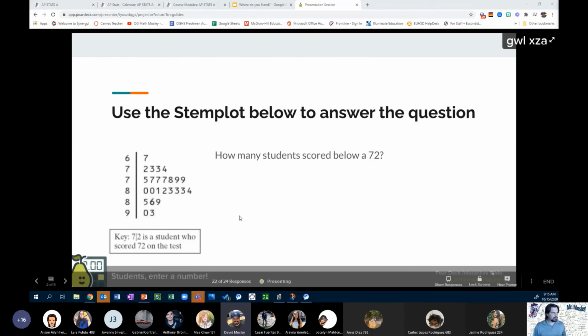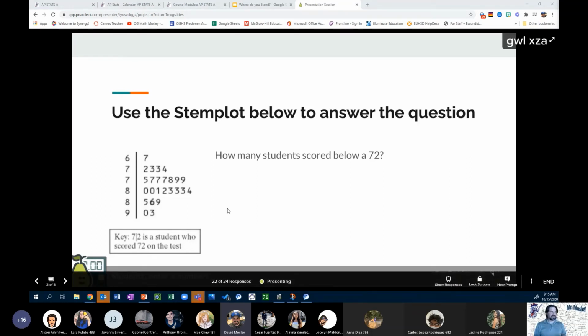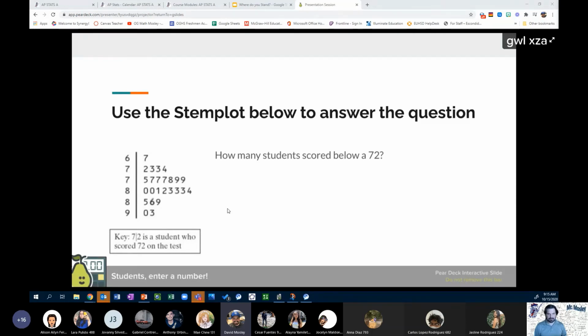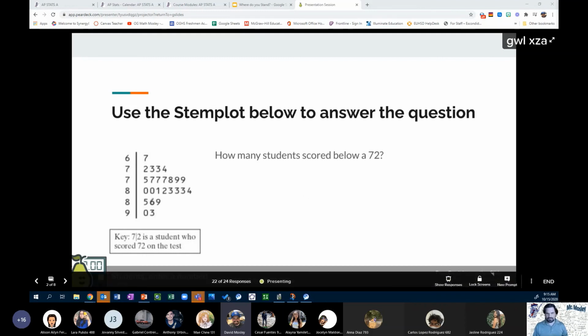All right, so in this stem plot, the only score less than 72 is the 67. So the correct answer was 1. There's only one student below a 72. 67 was the lowest score and the only one less than 72.